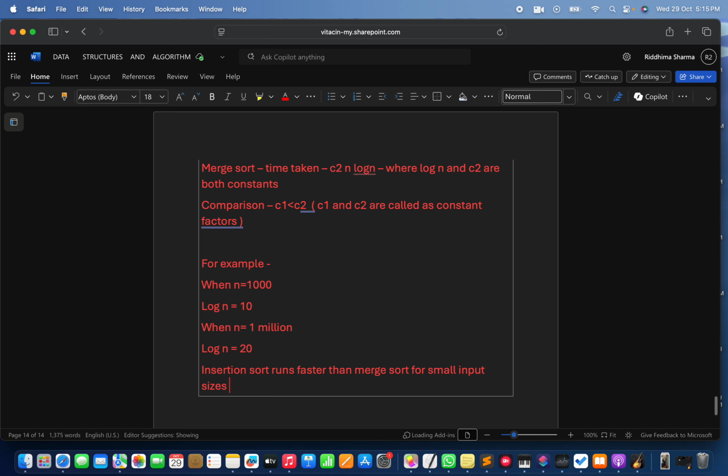For example, let us put a faster computer A, running insertion sort, against a slower computer B, running merge sort. We take two computers.